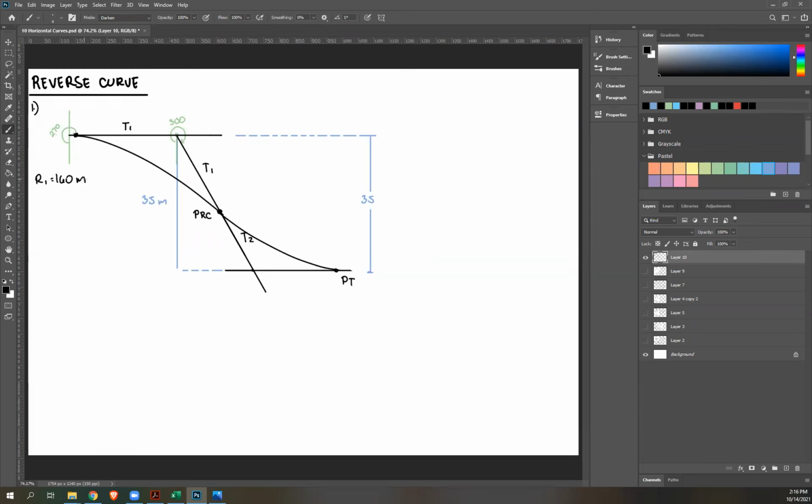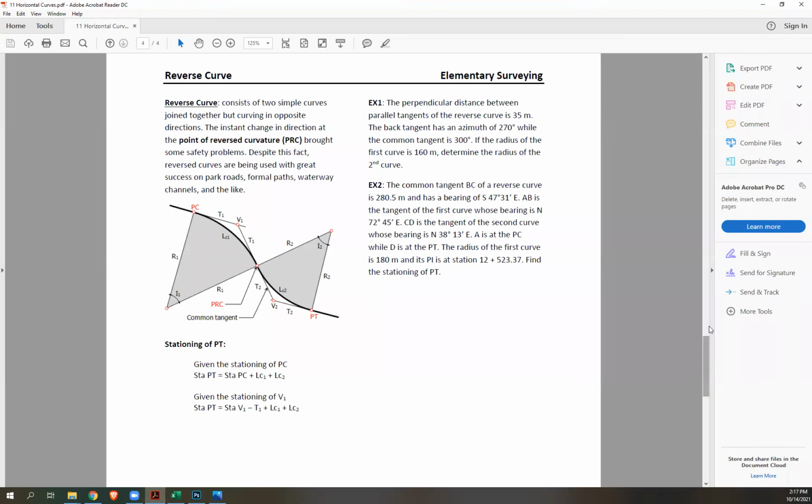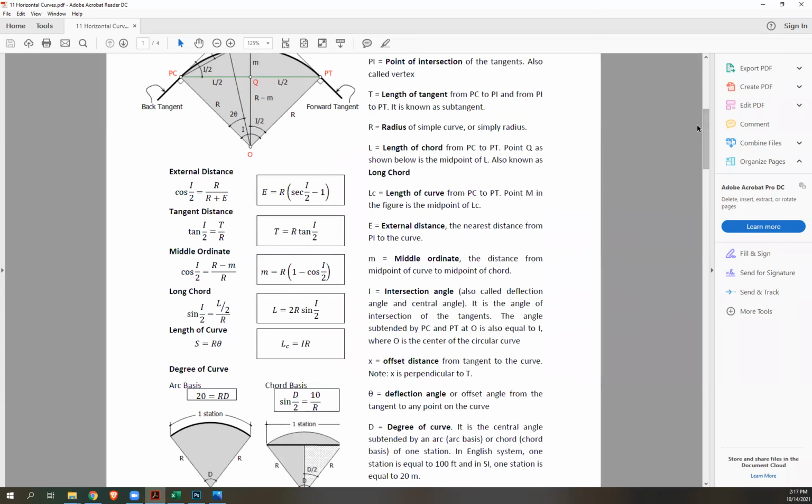To get the radius of the second curve, let's see what parts of the given we can figure out. We're given azimuths, so most likely we can get the angle of intersections. Let's see what we can get from the angle of intersections.